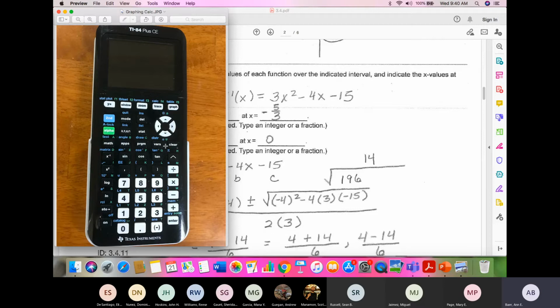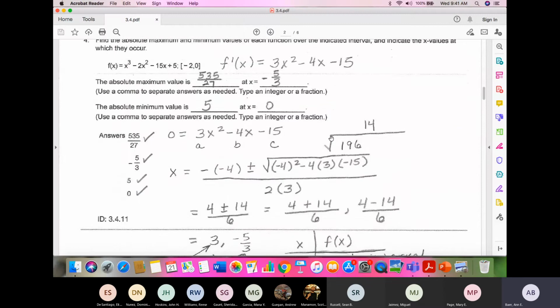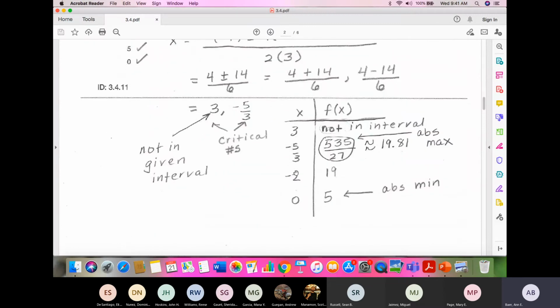Right arrow over to y vars. Can't do that on this static calculator here. And then you hit enter, enter on your calculator. That's the button down here. So it's vars, y vars, enter, enter. And that puts a y1 on the home screen. Why do we want a y1 on the home screen? Because that will allow us to rapidly find the y coordinates associated with each one of these x coordinates.